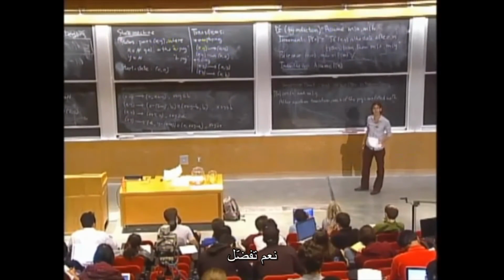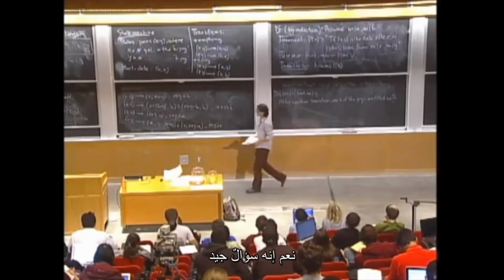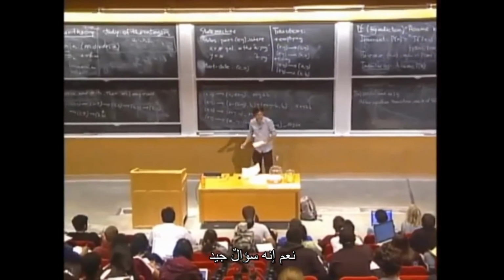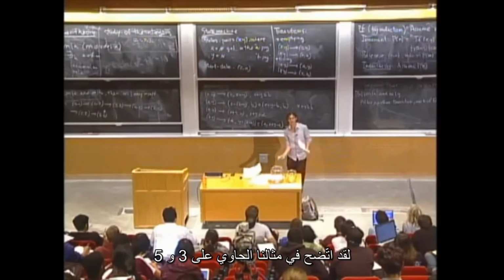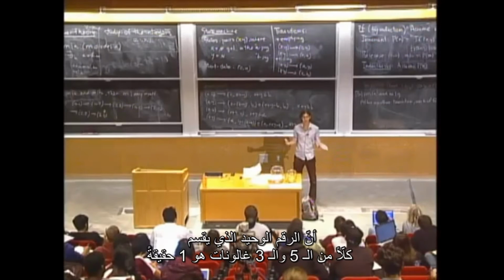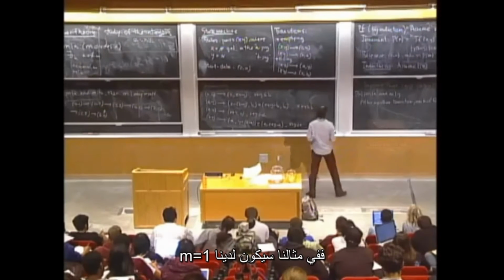Yes, please. Sorry, what is m in our example problem, 3 and 5? In our example, that's a good question. In our example problem of 3 and 5, the only number that divides both the 3-gallon jug and the 5-gallon jug is 1. So we would have that m equals 1.